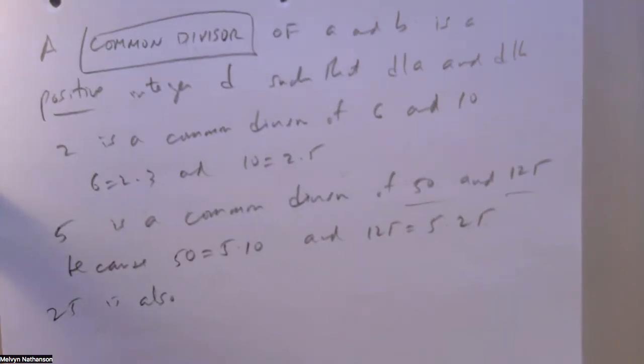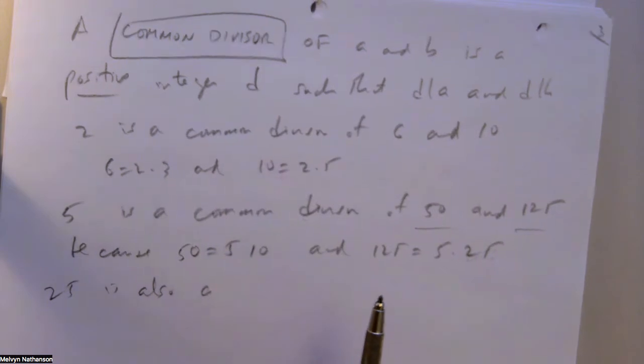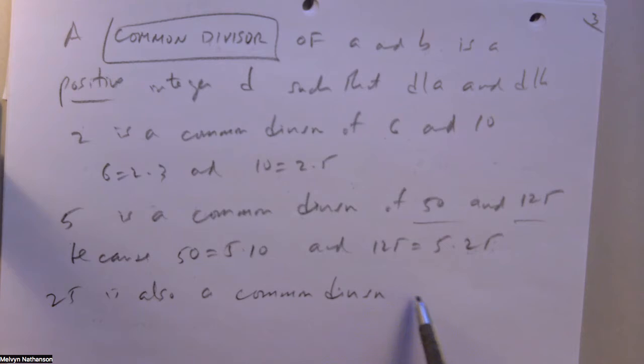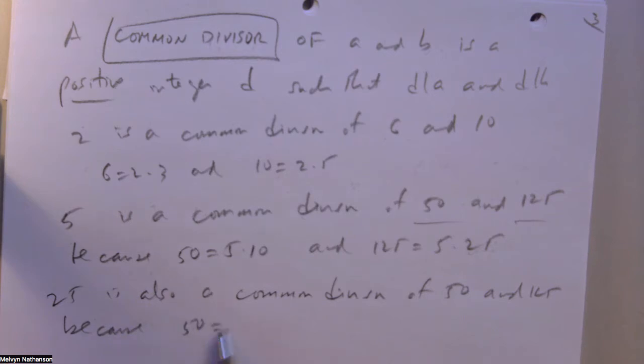25 is also a common divisor of 50 and 125, because 50 is 25 times 2, and 125 is 25 times 5.